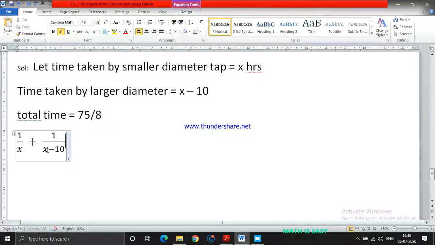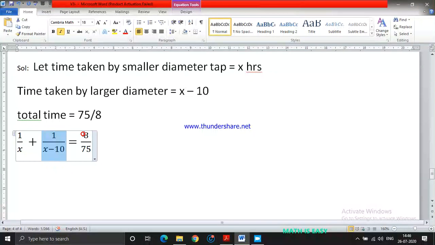This is 75 upon 8, then it will become 8 upon 75, because I am talking about per hour. So that's why this fraction will be reciprocal when I talk about per hour. Okay. Now here, this is the amount of water filled by smaller diameter in 1 hour, plus this is the amount of water filled by the larger diameter is equals to the total time.